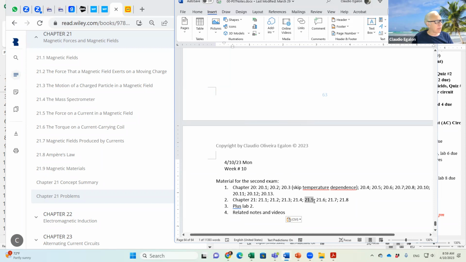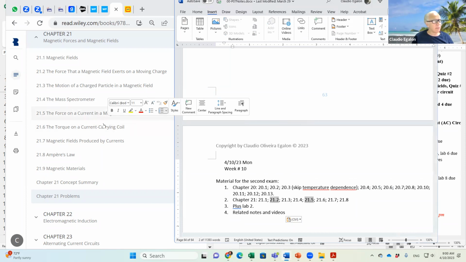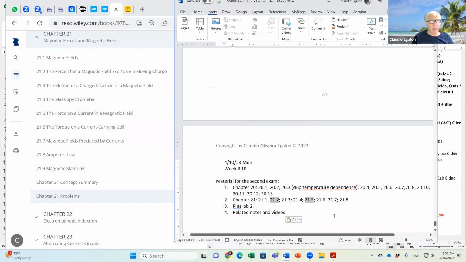21.5, the force on a current in a magnetic field, which is similar to the magnetic force on a moving charge. What you see right in here is similar to what you have right in here. Okay, why is that? Because a current is nothing but several moving charges, right? So this section comes naturally from the other section.